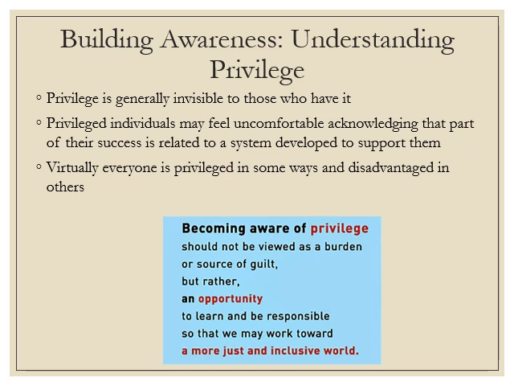And indeed, privileged individuals may often feel uncomfortable in acknowledging that part of their success is related to a system that was developed to support them and unfairly lack in support of other people.